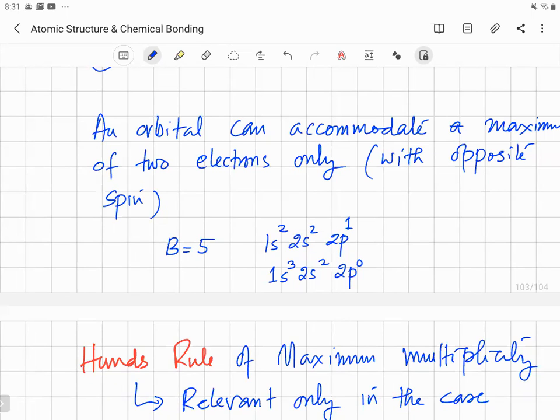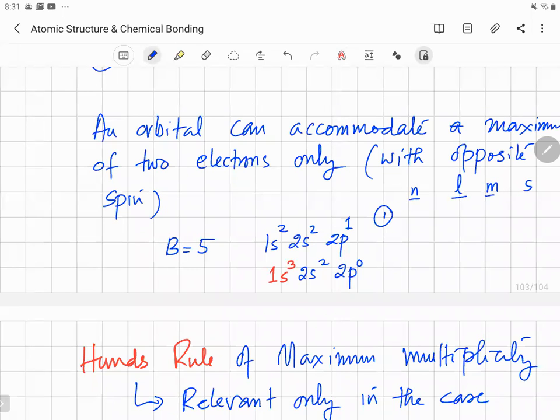Why does it violate Pauli's exclusion principle? Because of this 1s3. 1s3 means there are 3 electrons. Each electron has the quantum numbers n, l, m, and s.